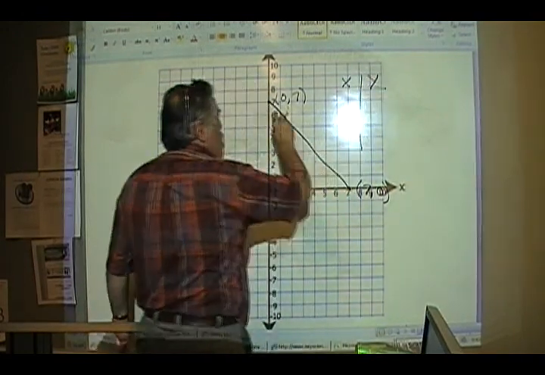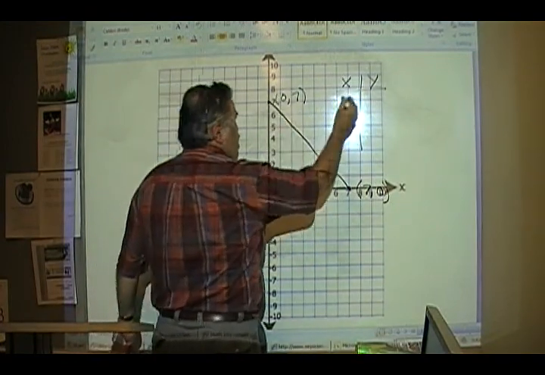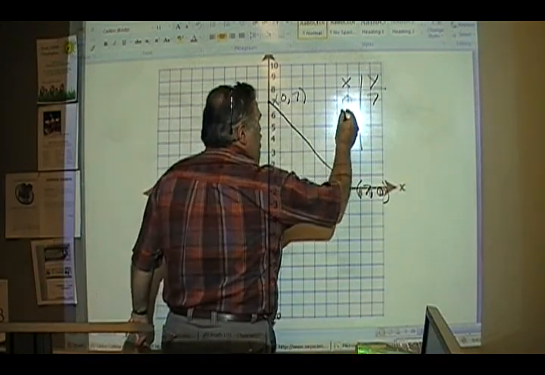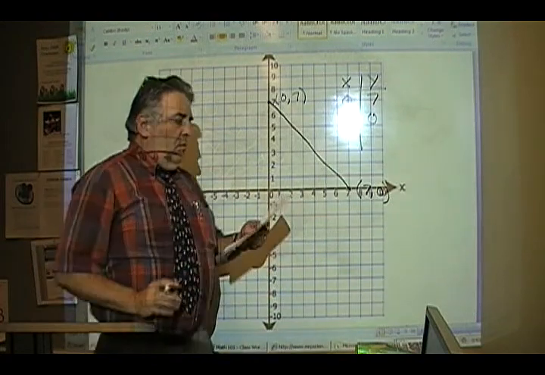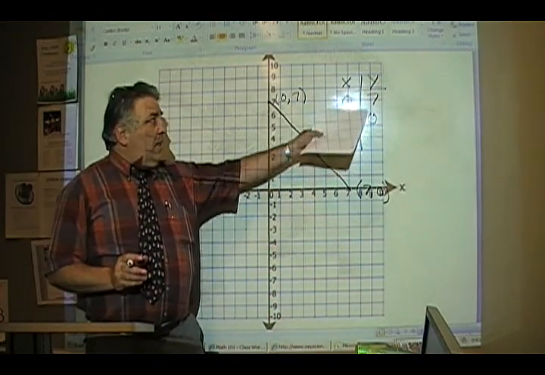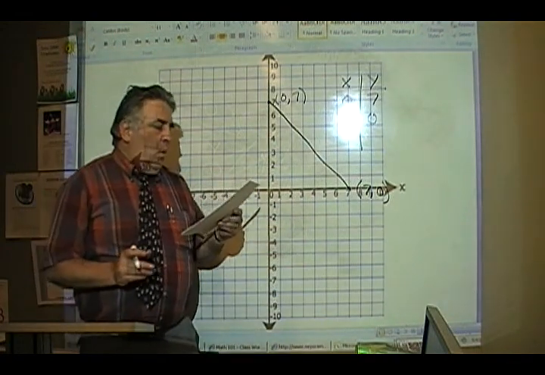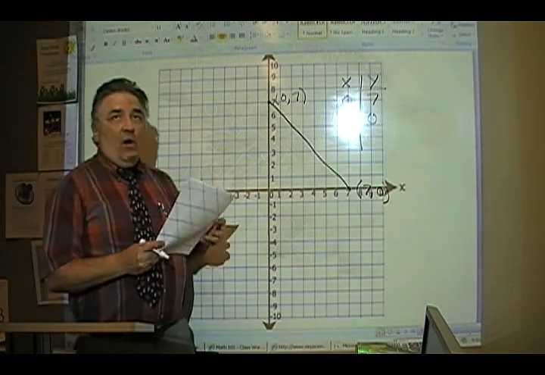Basically, looking at the graph, we know that when x is 0, this point up here, y is 7. And we know when y is 0, x is 7. So looking at those two data sets, 0 and 7, 7 and 0, what equation would work for that?